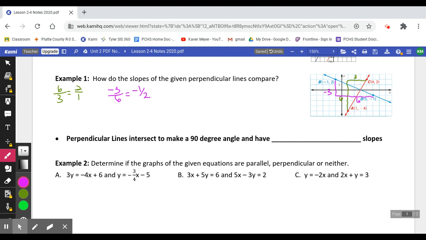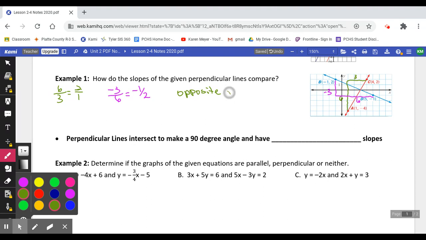Well, how do these two compare? Does everybody notice that one's positive and one's negative? Since they have different signs, that's where we get the word opposite, because they have opposite signs. And then if you look at 1 over 2 and 2 over 1, you're going to notice, oh, well, those two things are just reciprocals of each other.